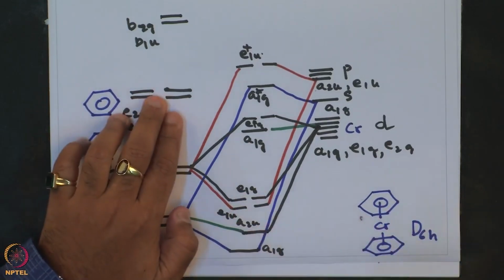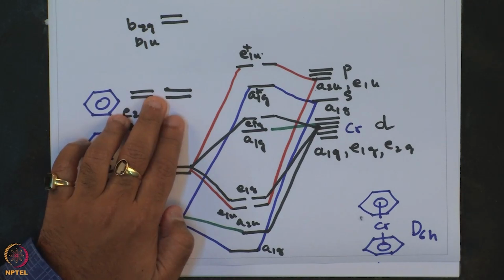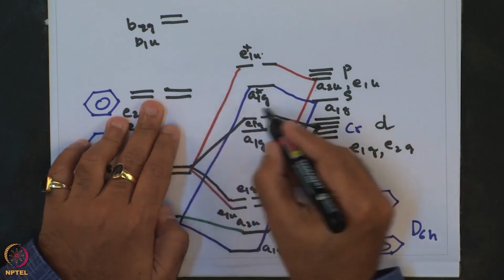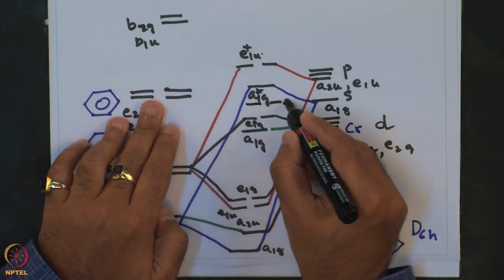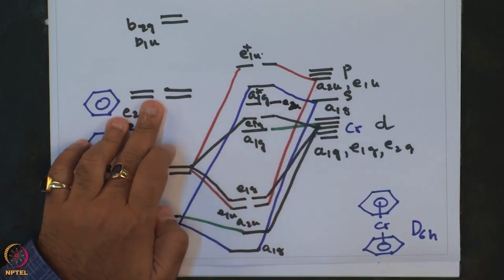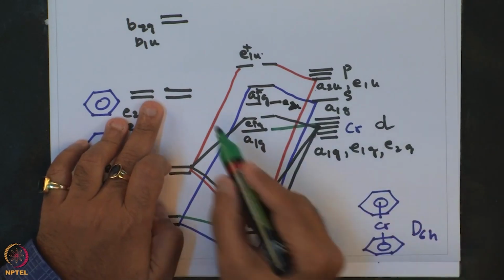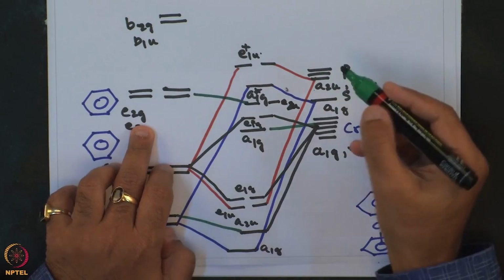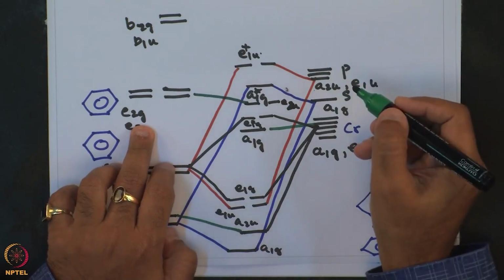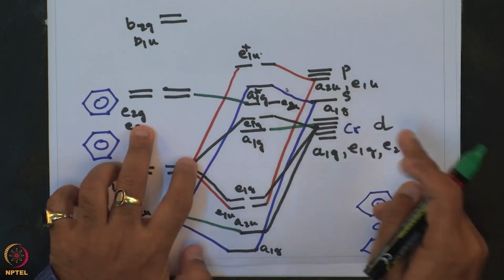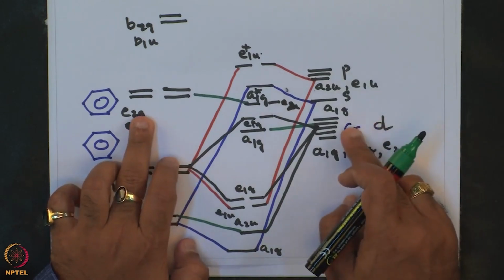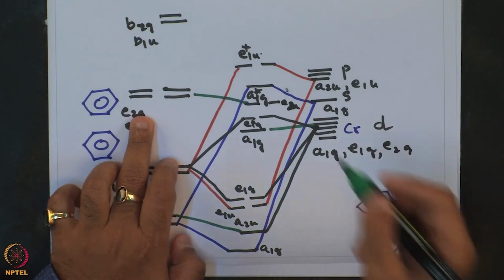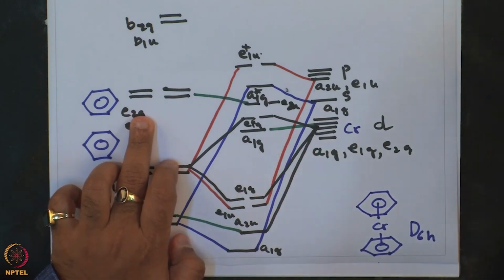Now we come to this, E2u is a non-bonding orbital, and E2g interacts with E2g of this, so that is shown over here.